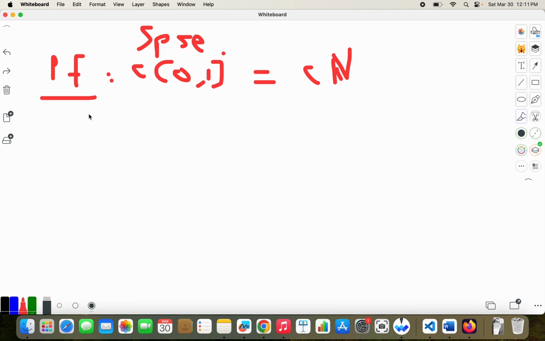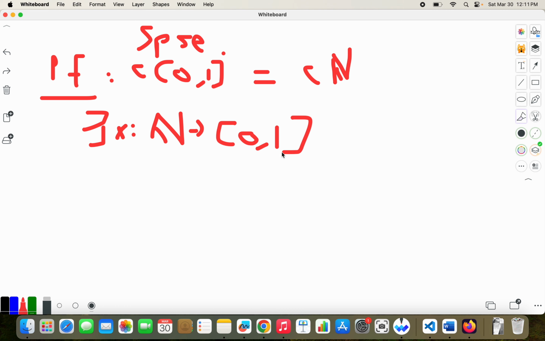Then there exists a function x from N to (0,1] which is bijective, because we know when the cardinalities are equal, there exists a bijective function.